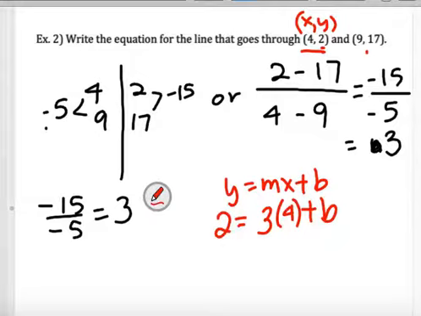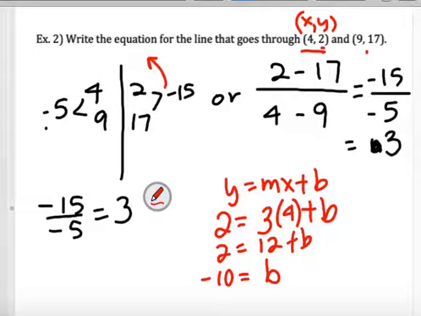So 3 times 4 is 12. Subtract 12 from both sides. Now my starting point is a negative value. And if you go back and look at your table, that would make sense. As I'm working up, my input of 4 was 2. I need values that are smaller than 2. Eventually I would be in the negatives there.